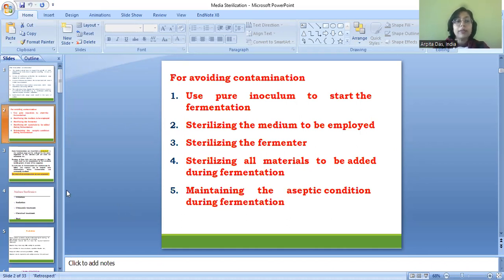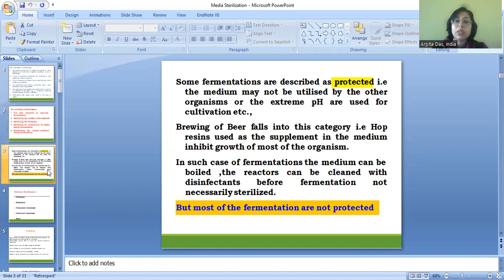So not only physical heat like autoclaving will work, but we need to protect that fermentation from the microbes by various methods.